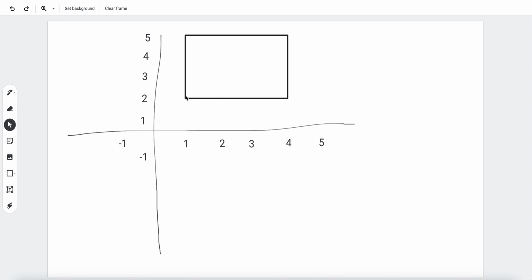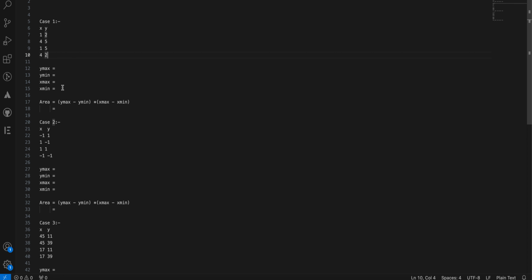So if you subtract this part from the entire length, you will get the length of this side. So our formula for the area of the square becomes y max minus y min, which gives us this side length, into x max minus x min, which gives us the length of this side. That is how we have arrived at this formula.